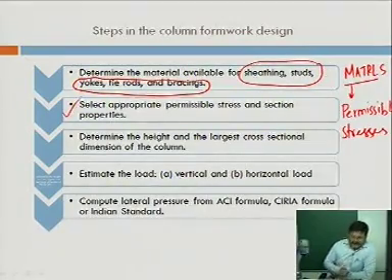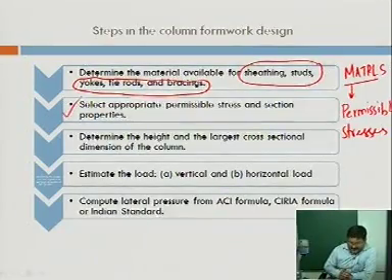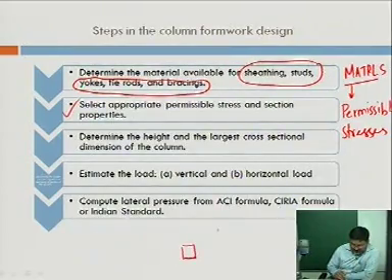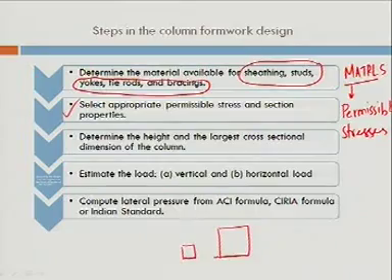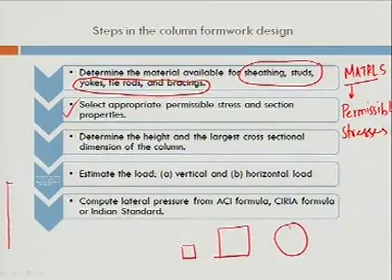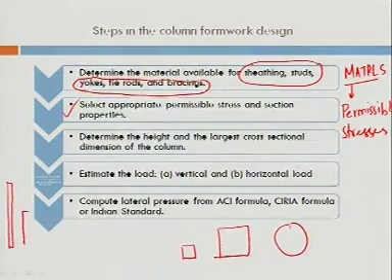Now, when you are trying to design the column form work, you will come across different sizes of columns. For example, one size would be this, another size would be this, maybe some size would be something like this, the cross section would be something like this. In some cases, the height of the column would be maybe this, there could be some other column of this much height.